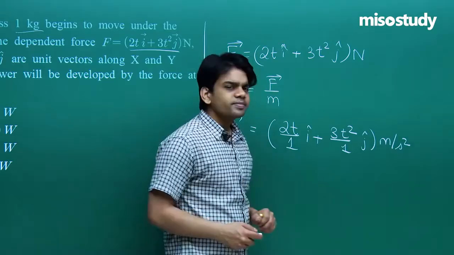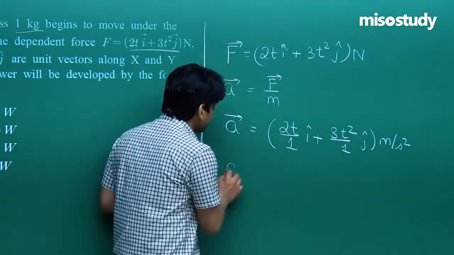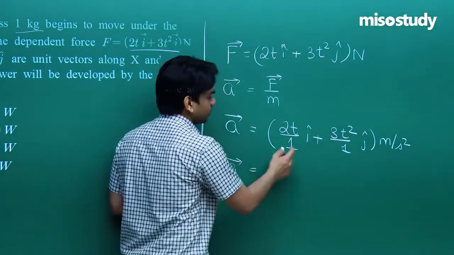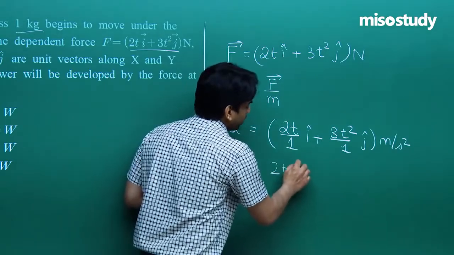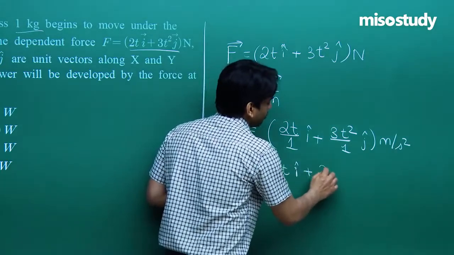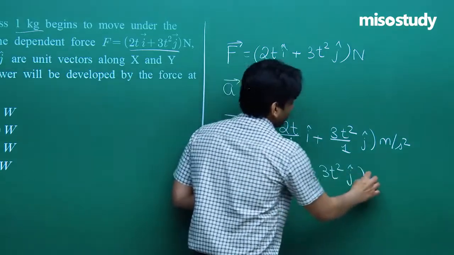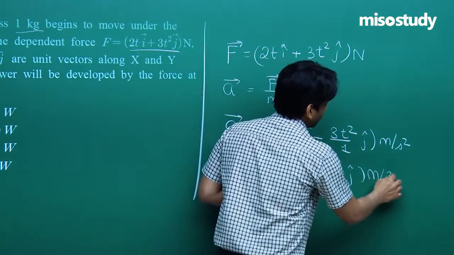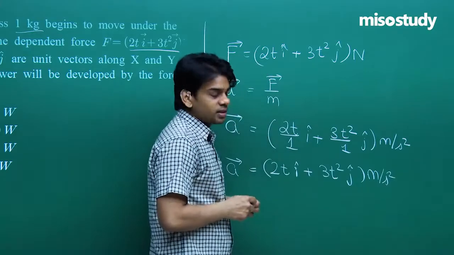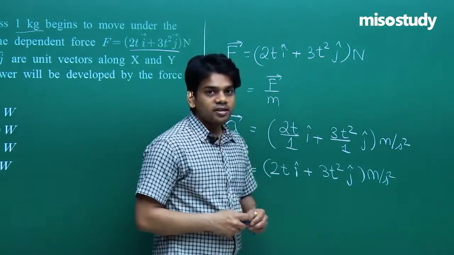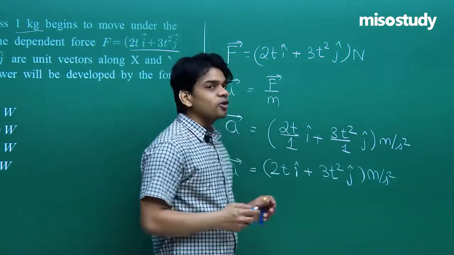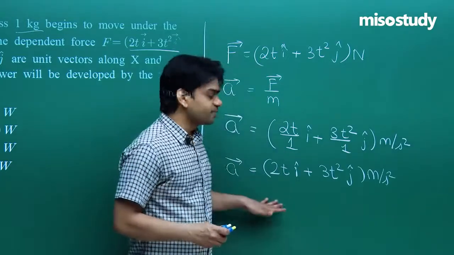Now let's simplify this. If we simplify this, we can write it as 2t i cap plus 3t square j cap meter per square second. Now we got the value of acceleration in terms of time t.